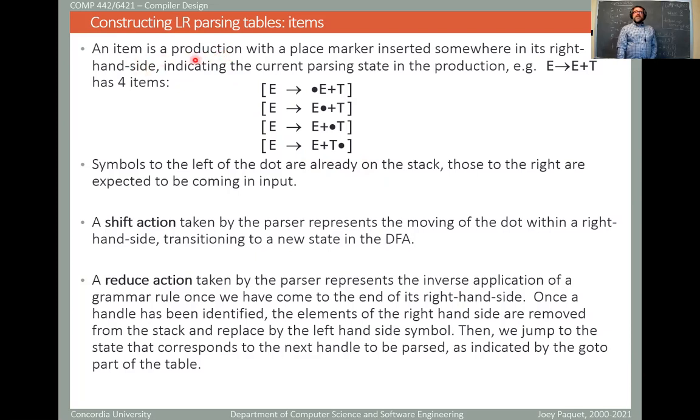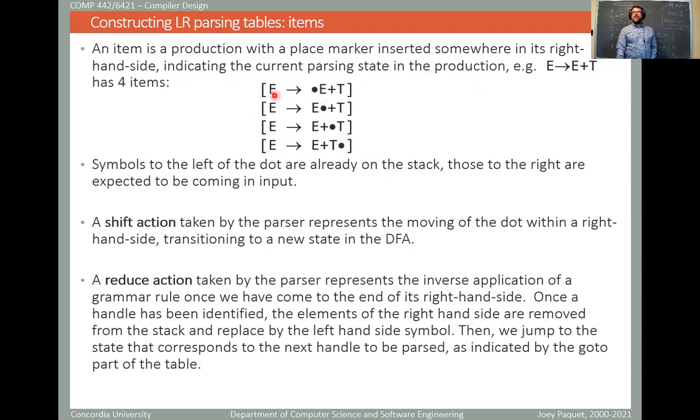So what an item is, essentially, is a production with a place marker inserted somewhere in its right-hand side. This place marker indicates where you currently are in the identification of this handle.